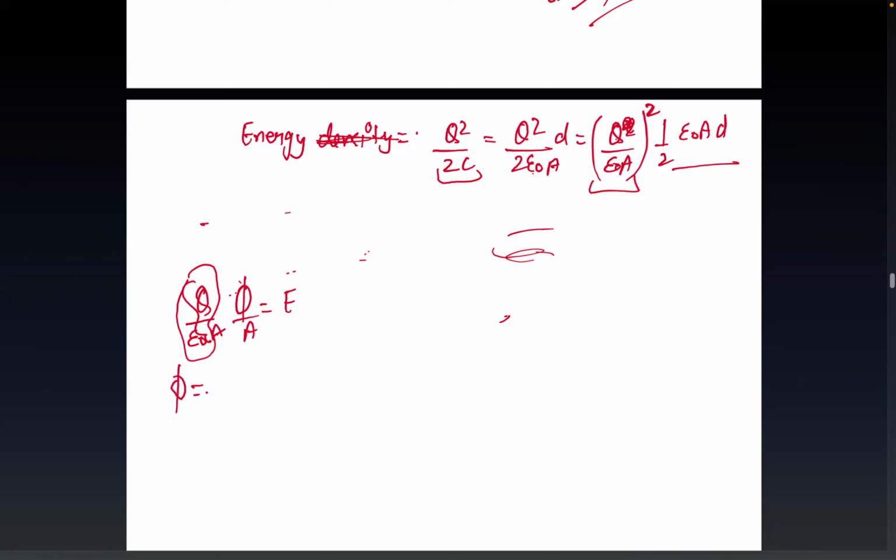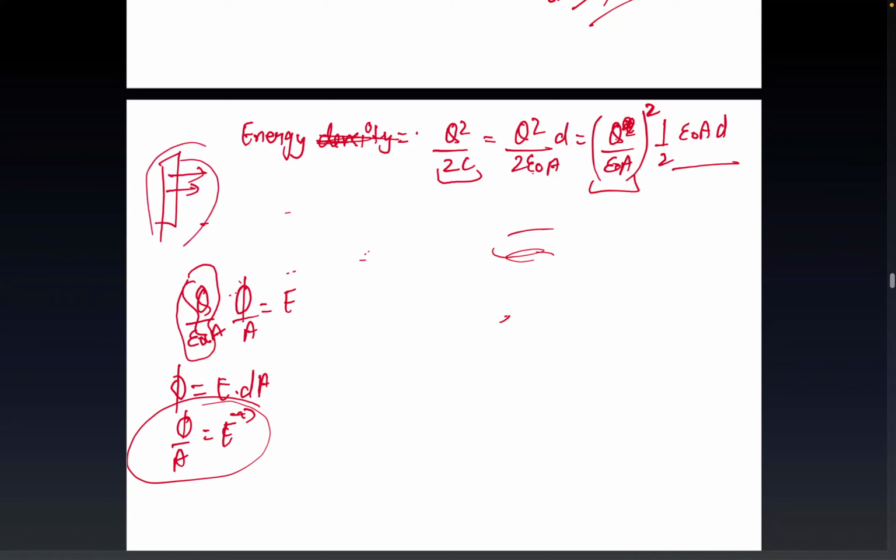Because what is the flux? Flux is E dot dA. Here the electric field and area vectors point the same way, so I can write flux equals E into A. Make sense?